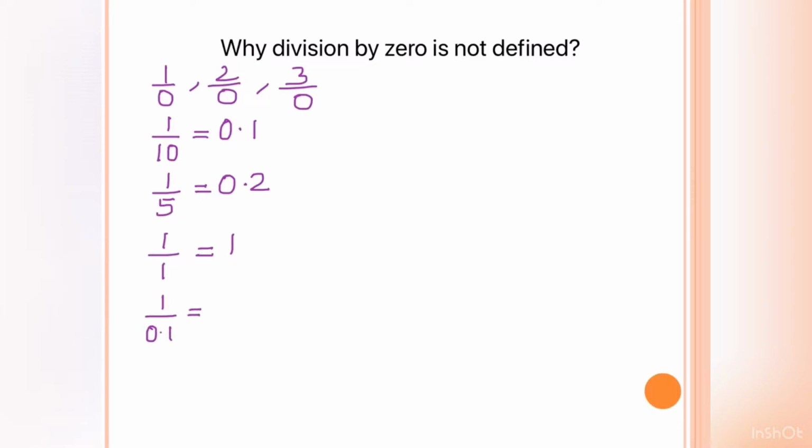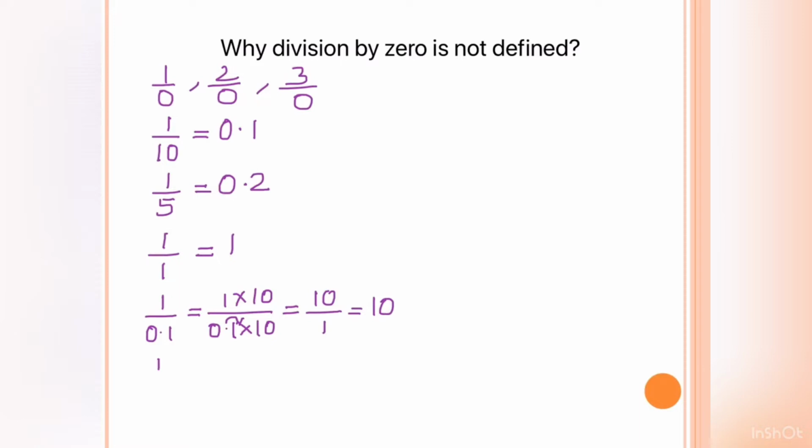This expression is equal to, we will multiply both numerator and denominator by 10. So we get 10 by 0.1 times 10 is 1, as the point shifts one place towards the right, which is equal to 10.